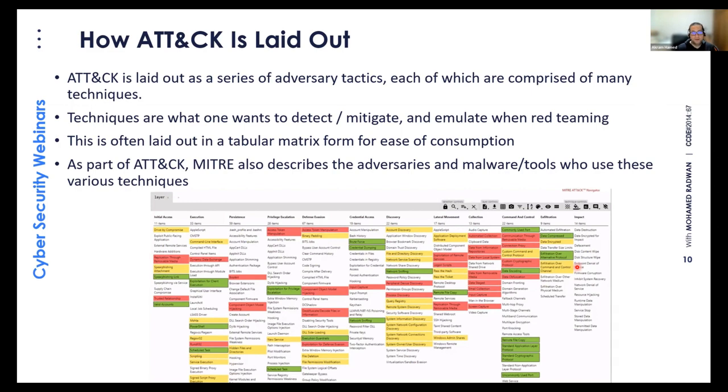And the whole idea is that if you know that currently you're at the stage of defense evasion, and defense evasion means that someone is trying to bypass your defenses, and you've seen something like a compiled HTML file, which is one of the techniques that has been triggered in your system.